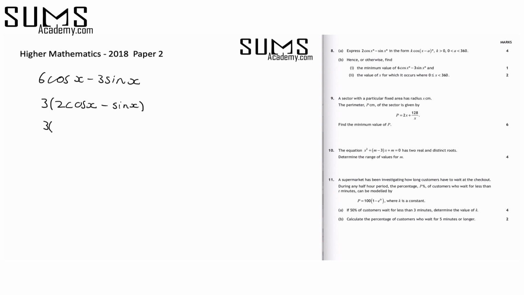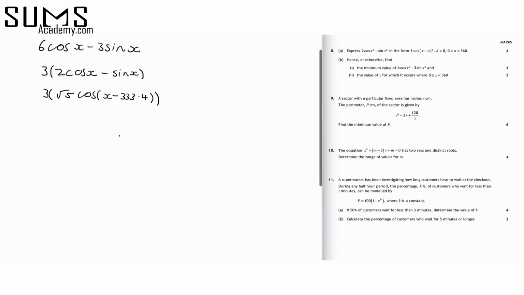We get 3, and then you have root 5 cos, x minus 3.4. Okay, close the brackets. If you multiply this out, you get 3 root 5 cos x minus 3.4. I'm doing this a bit long-winded, but I just wanted to show you everything that's happening.